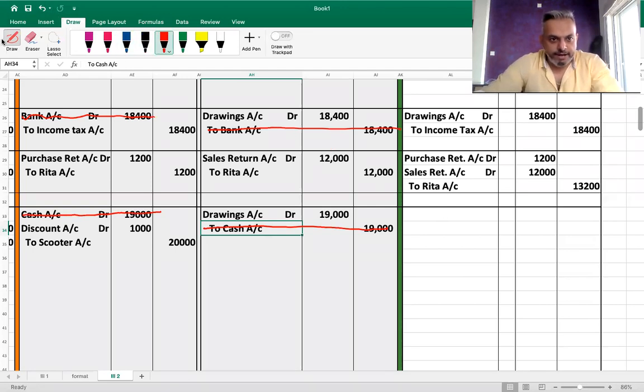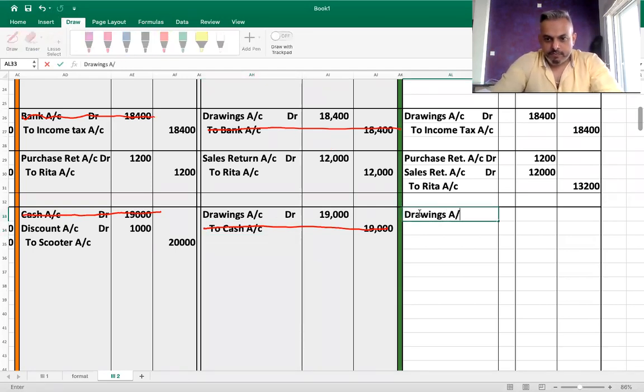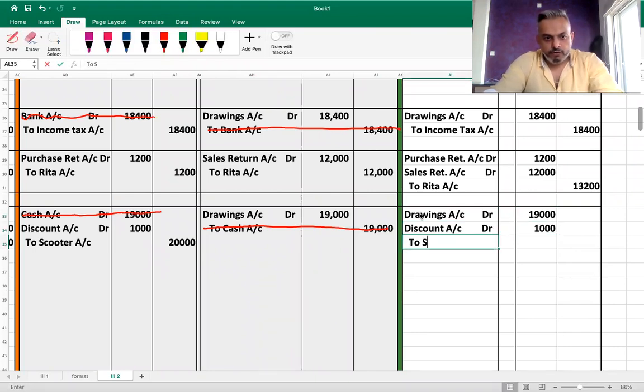Drawings account debit 19,000, discount account debit 1,000, and to scooter account credit 20,000.